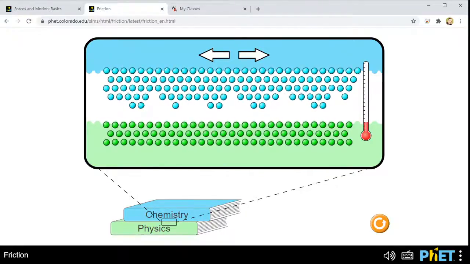And when two materials in contact rub against one another, you can do this with your hands, you rub your hands against one another, after a while, what do you feel? Heat. You feel the buildup of heat. So friction is a force that converts energy of motion into thermal energy.